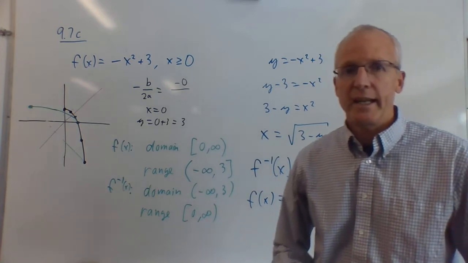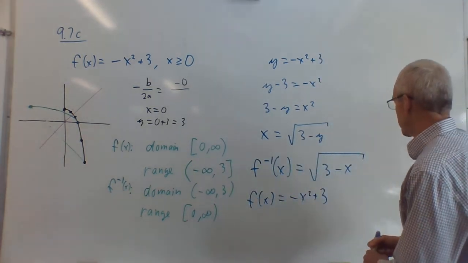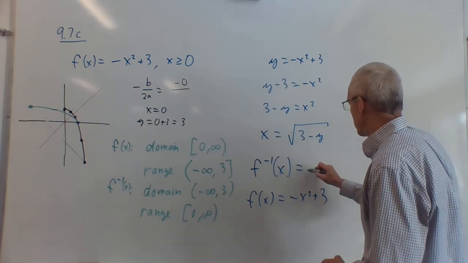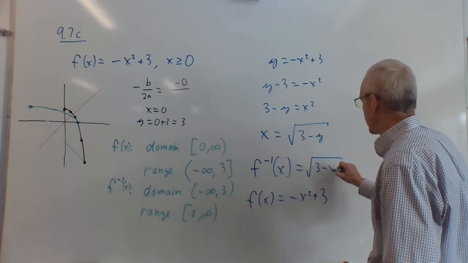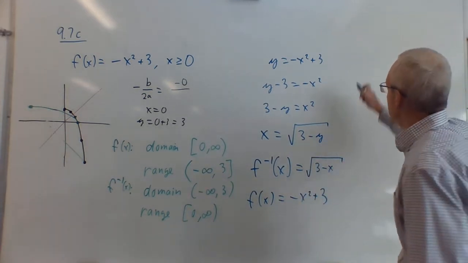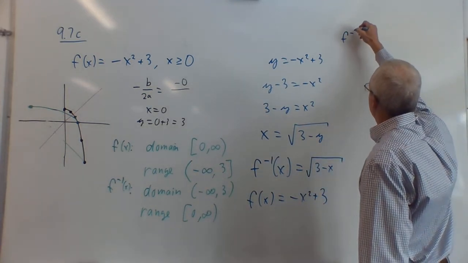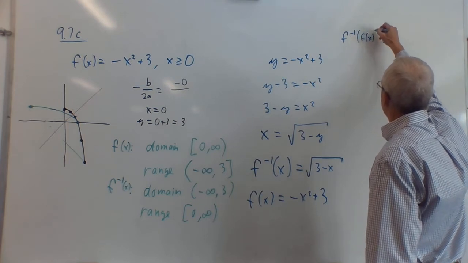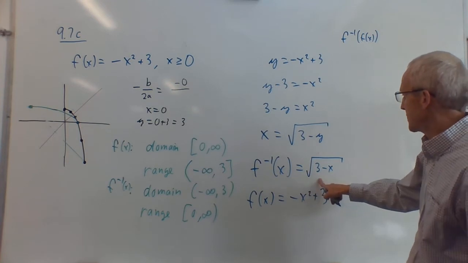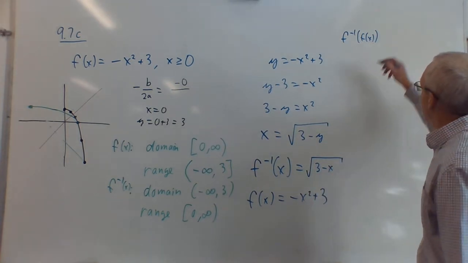Now, finally, they say, prove it, right? Show that you did the math right, which is always good to check your answers. I'm going to write this a little bit smaller. So square root of 3 minus x. So finally, we get to check our answers. Let's do this one first. So f negative 1 of f of x. We should get x out. So everywhere there's an x in this function, we plug in f of x.